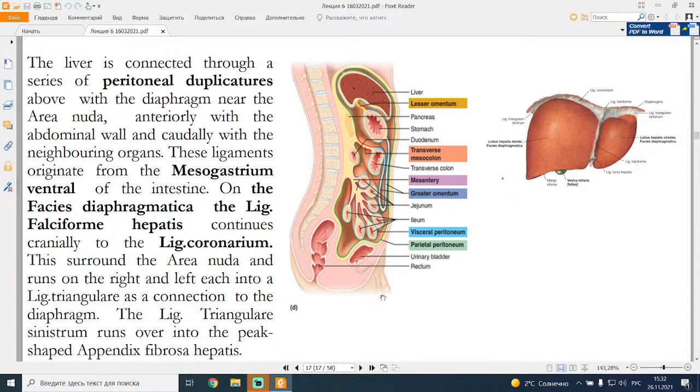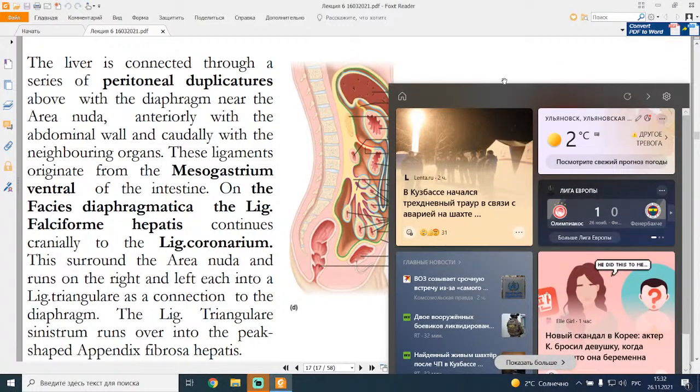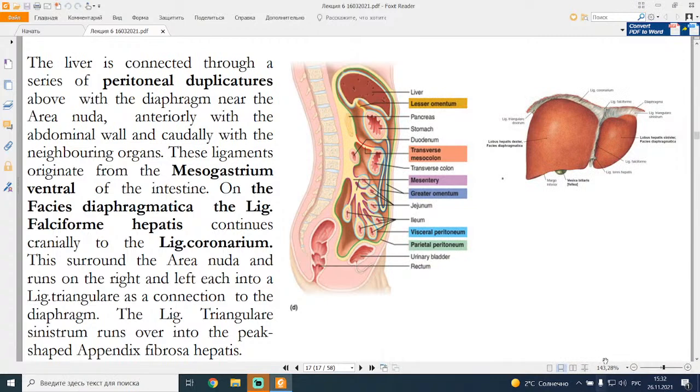The liver is connected through the serous peritoneal duplicature above to the diaphragm near the area nuda, anteriorly with the abdominal wall, and caudally with the neighboring organs.